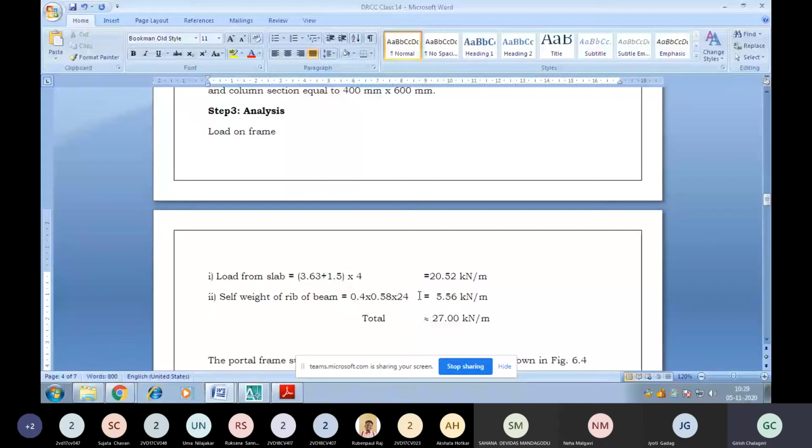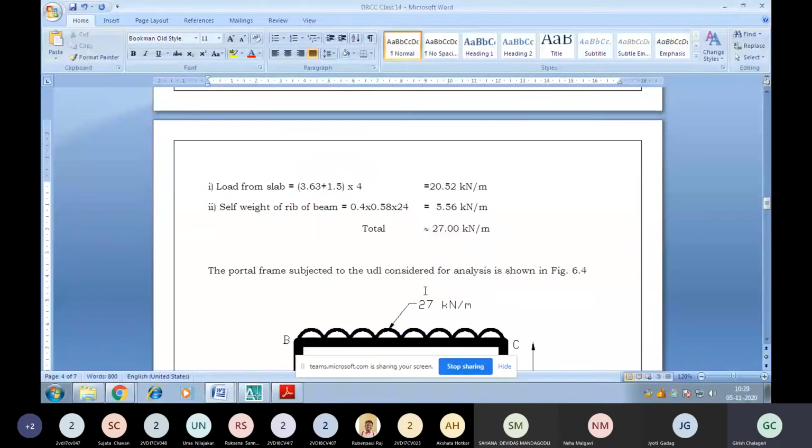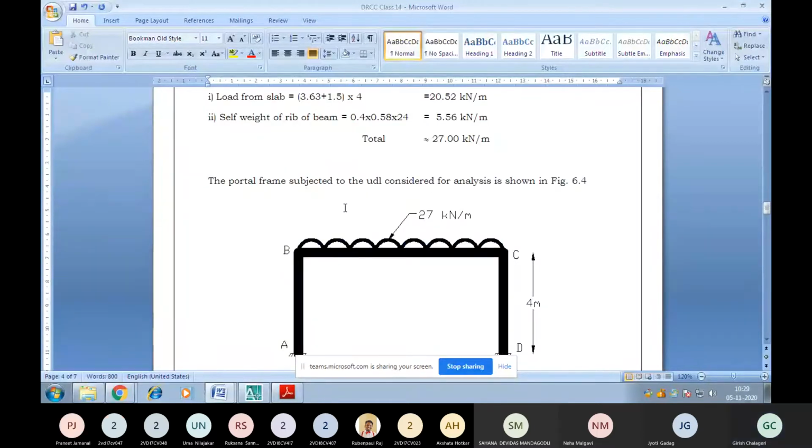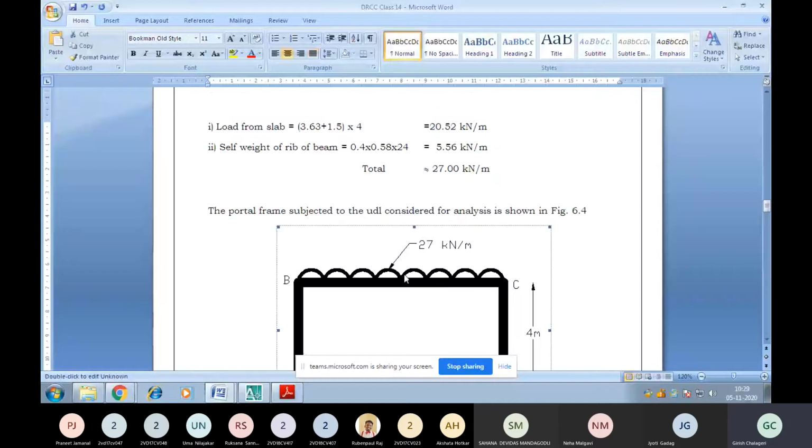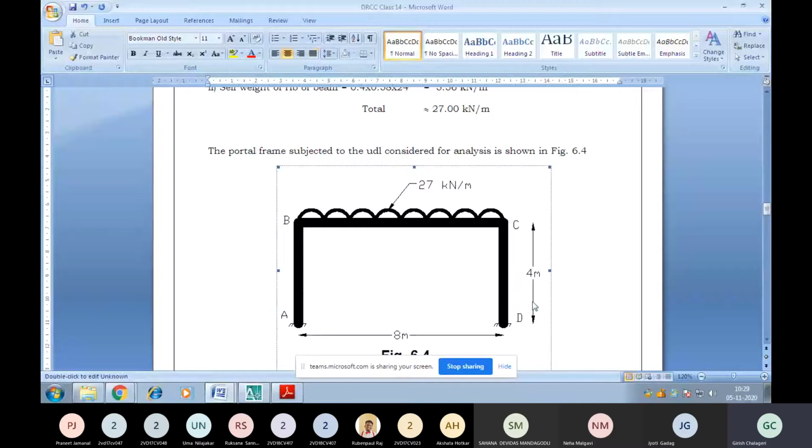Here 0.4 and 0.58 are taken in terms of meters. So the total load acting over the beam including self weight will be 27 kilonewton per meter, rounded off to 27. I have shown the beam here. The 27 is the entire load including the self weight of the beam. The frame is shown here. It is fixed at both ends.